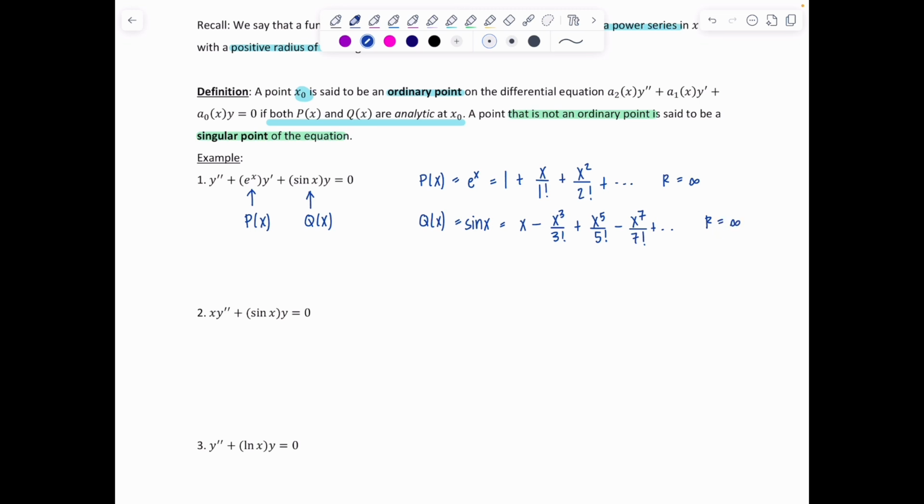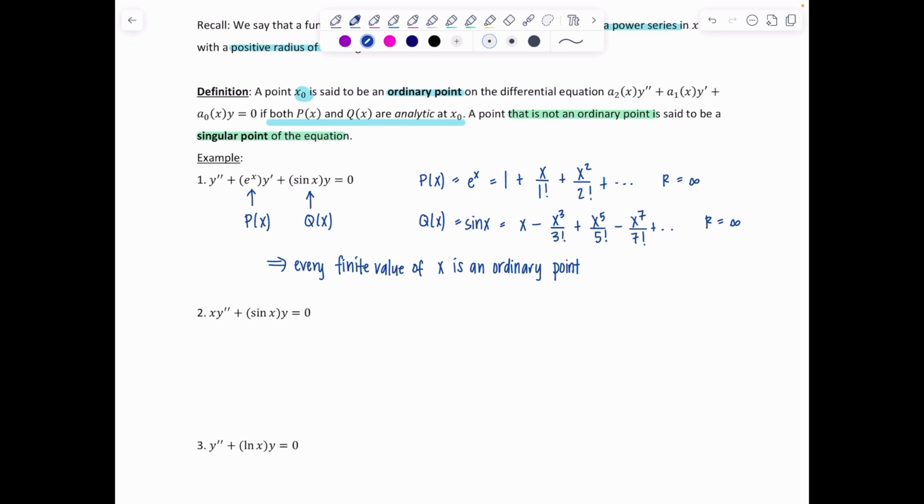So they both have infinite radius of convergence, and that tells us that every finite value of x is an ordinary point. Regardless of what x is, these power series will converge. We have a power series representation for both p of x and q of x on all real numbers.